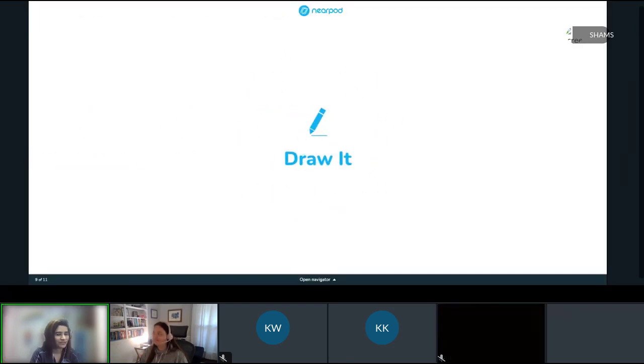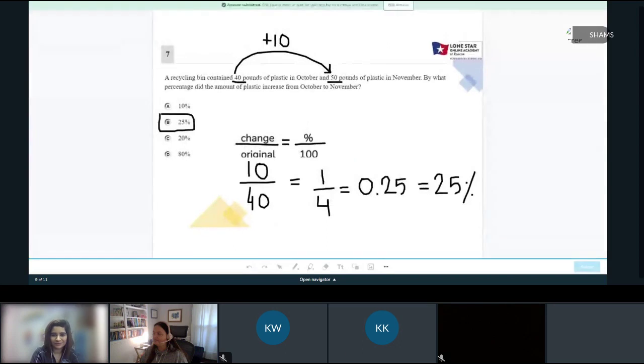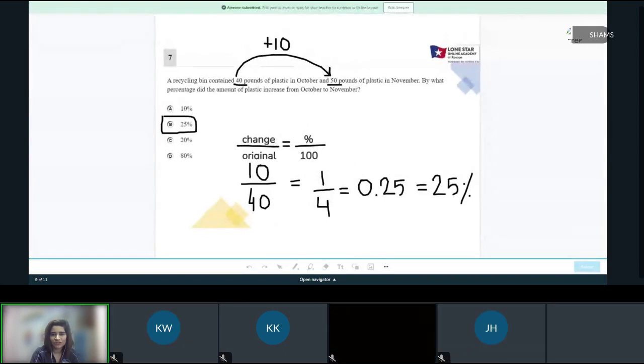I'm going to go over question 7 again. Question 7 was another percent change question. See how a recycling bin contained 40 pounds of plastic in October and 50 pounds of plastic in November. You see, the amount of plastic increased by 10, right?